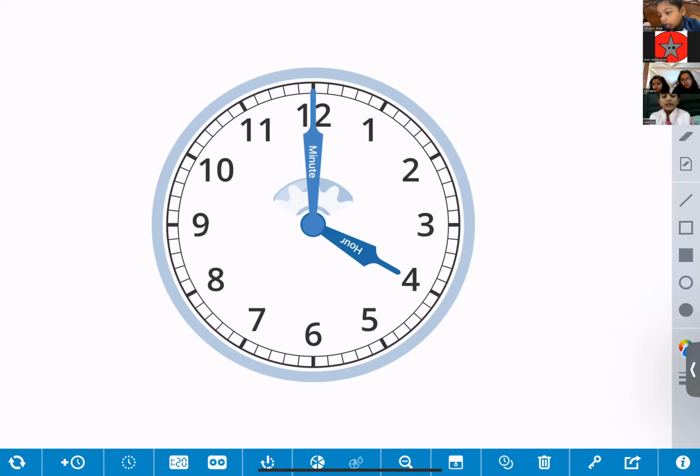Okay, so if there are two hands, Nadia, we have one short hand and one long hand. So which is the hour hand? Short hand or long hand is called hour hand? Short hand. And minute hand is? Long hand. Okay, everybody. Minute hand is the long hand, and that tells us exactly if it is o'clock, half past or quarter.